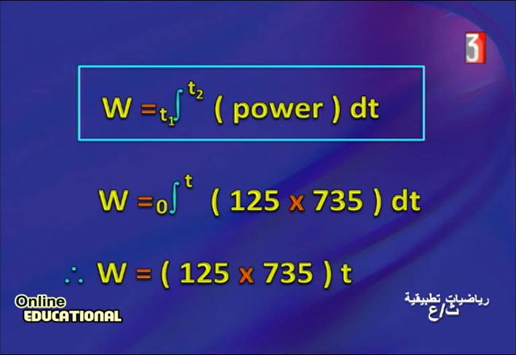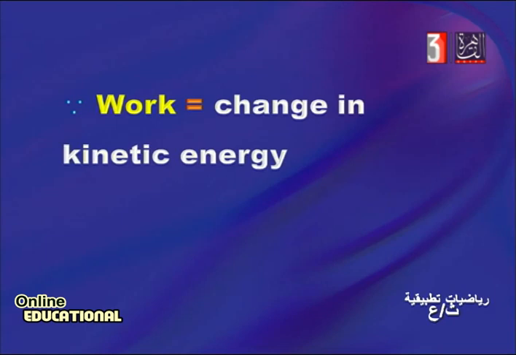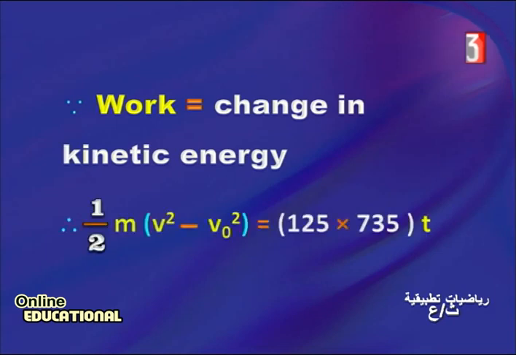We know that the work equals the change in kinetic energy. Then half m multiplied by v² minus v naught squared equals 125 times 735 times t. The velocity of the car equals 126 kilometer per hour.